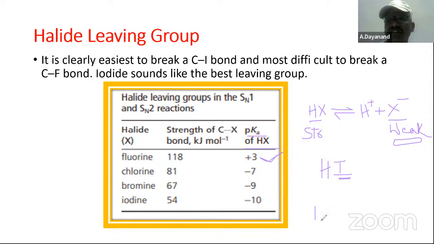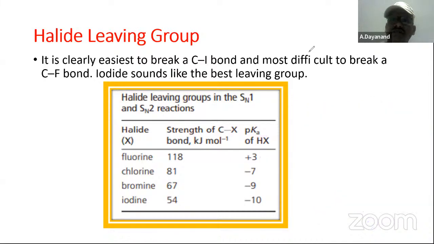For example, if you have a compound with iodine in the presence of chloride, this iodine is going to be replaced by chlorine, whereas the reverse is not possible. If you take tertiary butyl chloride and react it with iodide, it is not going to form. This reaction is not possible because chlorine is not as good a leaving group, whereas iodine is a good leaving group. That is the main concept behind leaving groups.